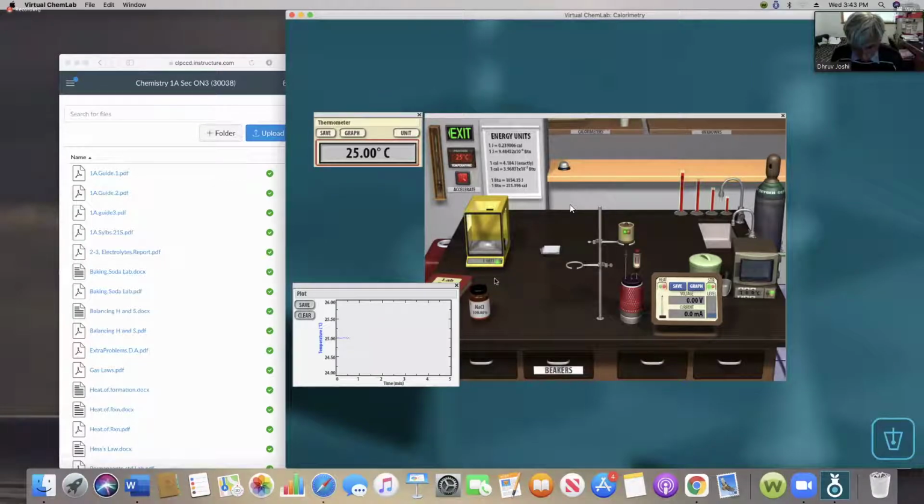Yes, ma'am. What do I do now? Then it says the calorimeter will be on the lab bench and filled with 100 mL of water. So this is 100 mL of water in it. Okay, and make sure the stirrer is on.